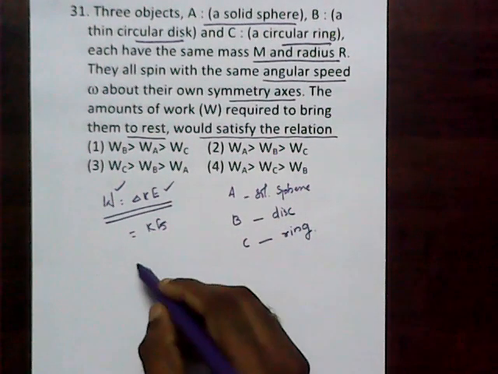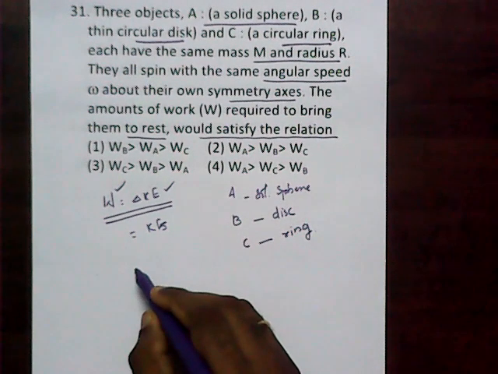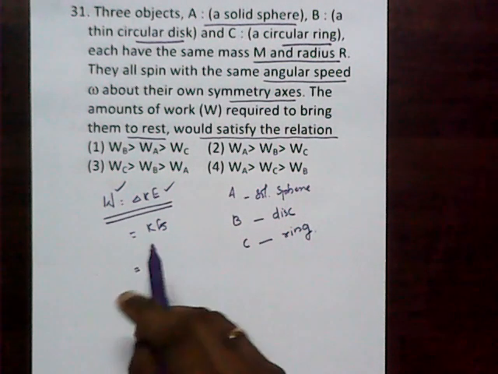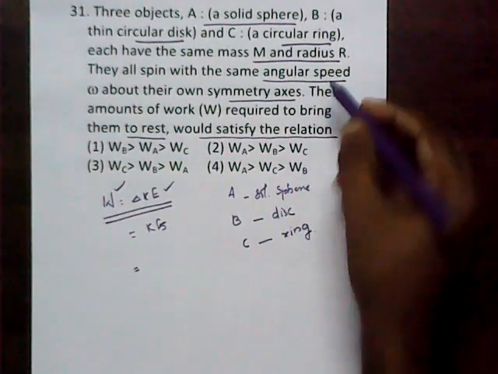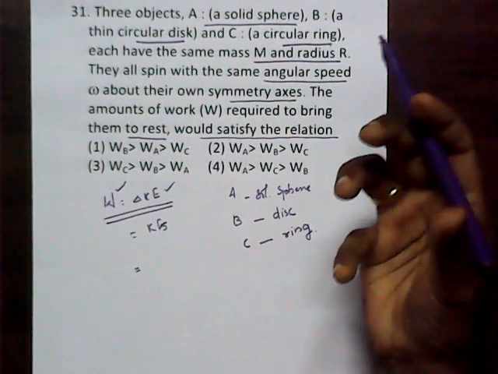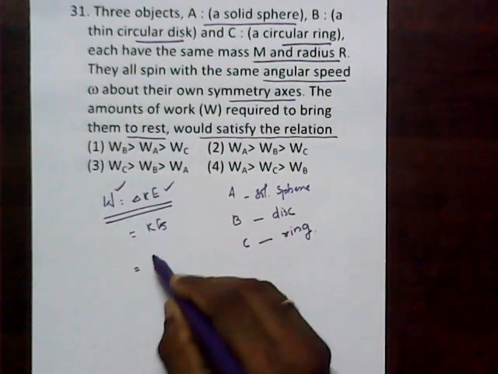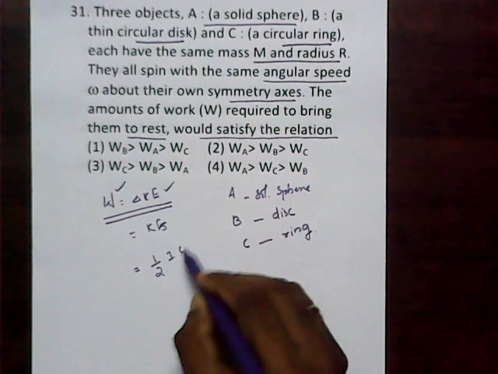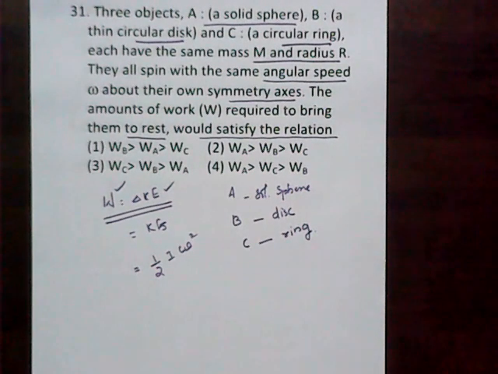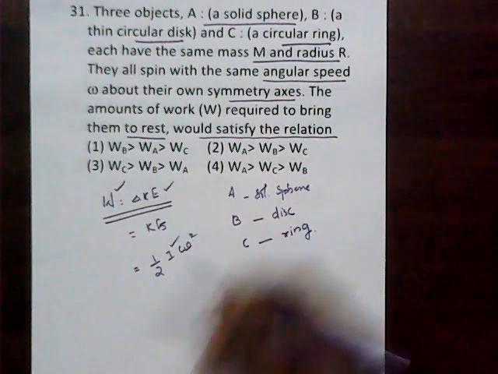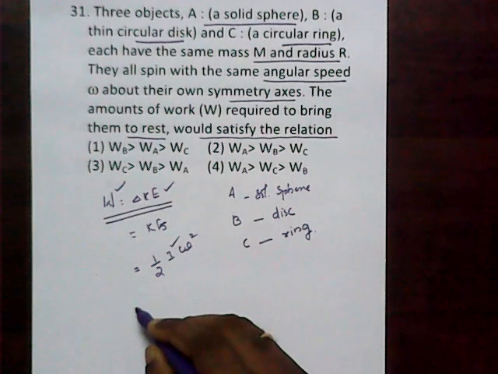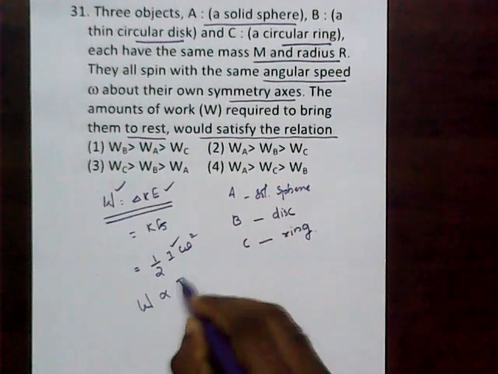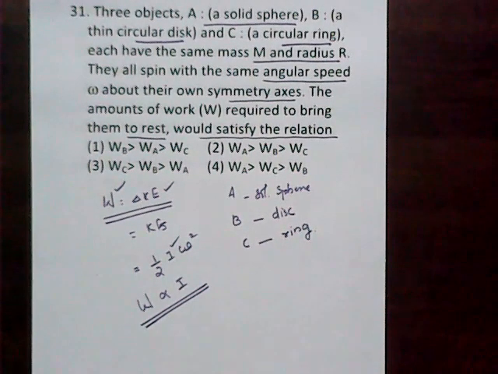Here the spin is about the same axis, so that energy is equal to half I omega square. Only the rotational motion is here, and hence the work done is proportional to its moment of inertia.